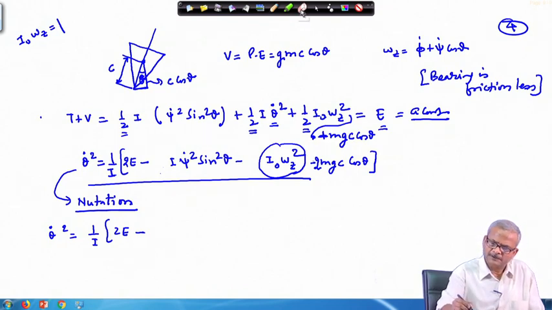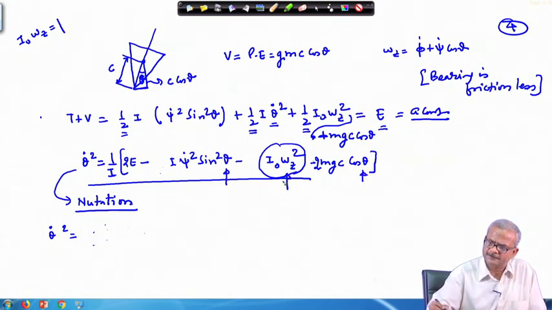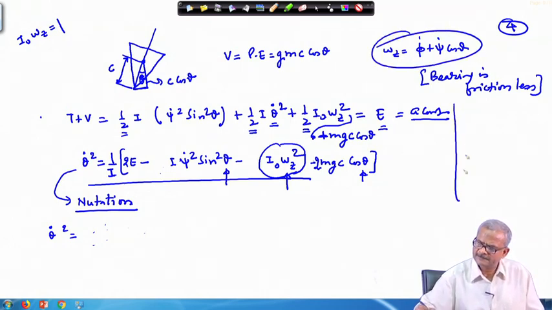Okay. So, we rewrite this equation. Basically, the idea here is that this equation is just a function of theta, and omega z is a constant. You can look into this omega z, this quantity we have already solved, omega z equals phi dot plus psi dot cos theta, and this multiplied by I 0, we have written as beta, which is nothing but a constant.